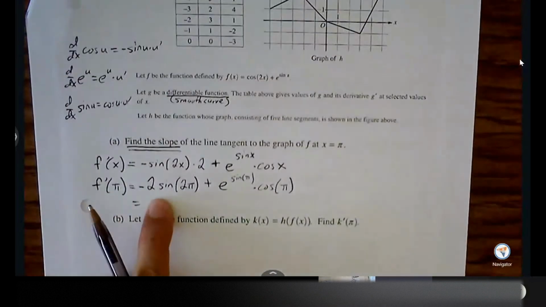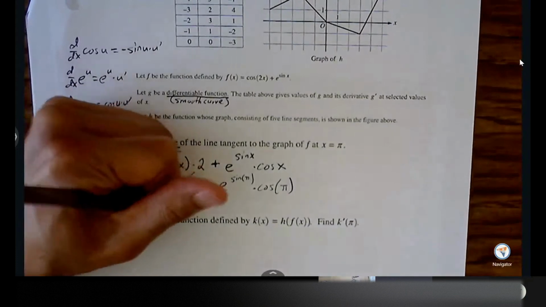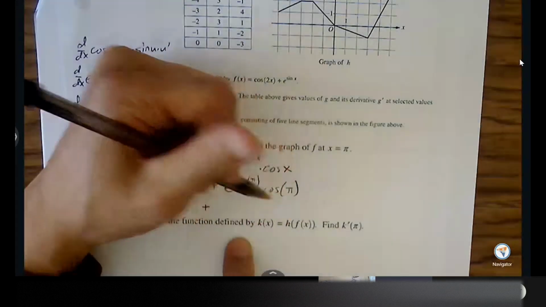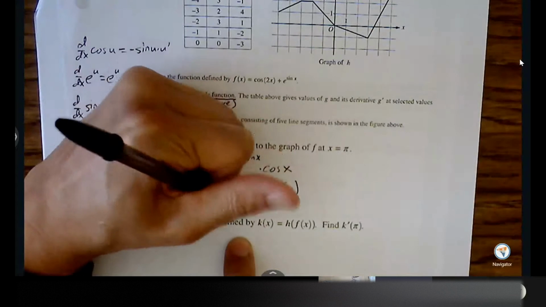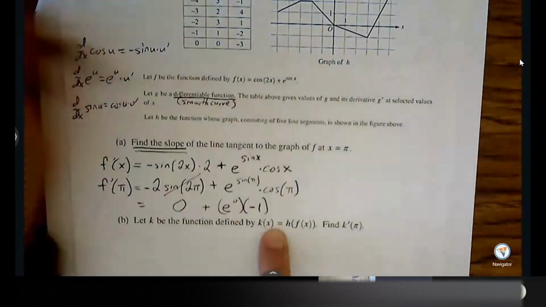Sine of 2 pi is 0, so it's going to wipe this whole thing out. e to the sine of pi is e to the 0, which is 1, times cosine of pi, which is negative 1. 1 times negative 1 is negative 1.